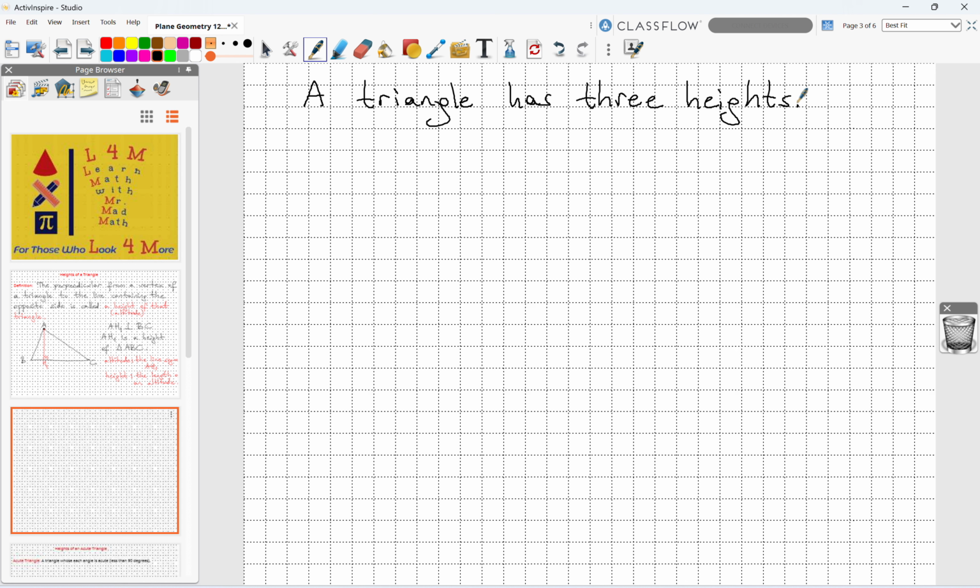And similar to medians and angle bisectors, I will write something for these three heights. All these three heights intersect at one point.